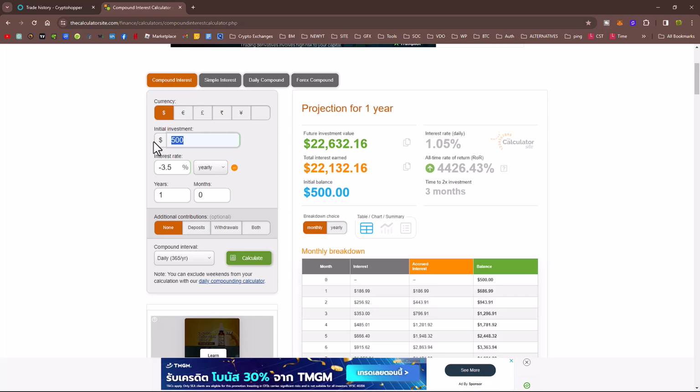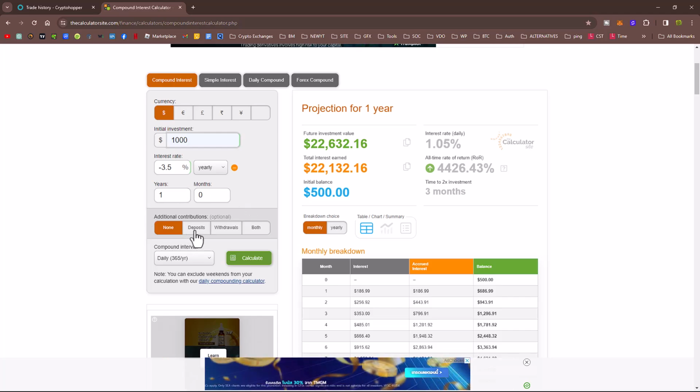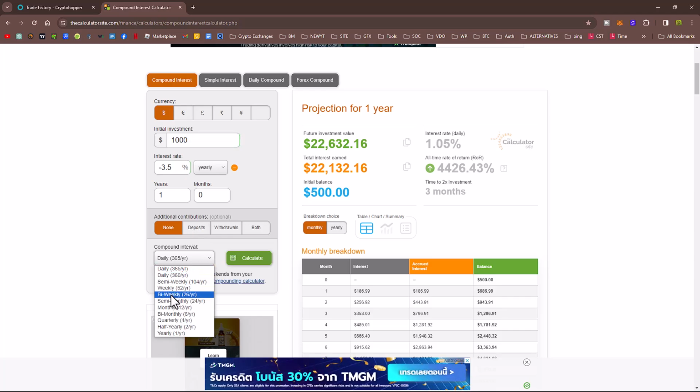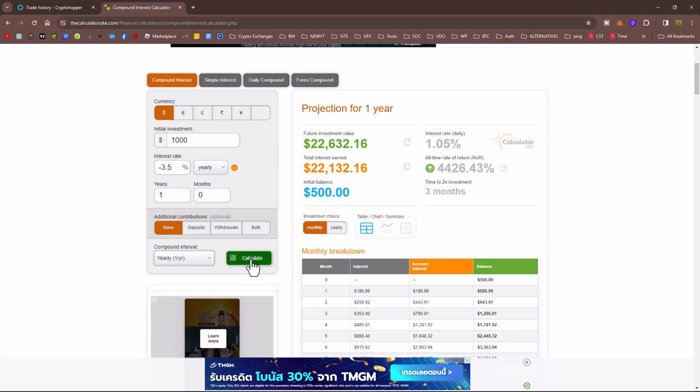Let's put 1,000 in. You put $1,000 in the bank today, and if the interest rates don't drop anymore and they stay at 3.5%, and you leave that in the bank, and you don't take any out, and you don't add any more in, let's see how much your $1,000 is worth.